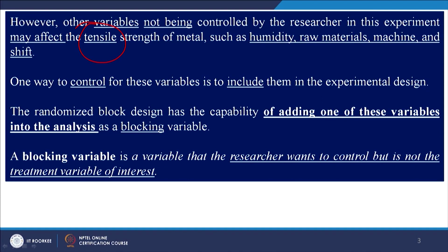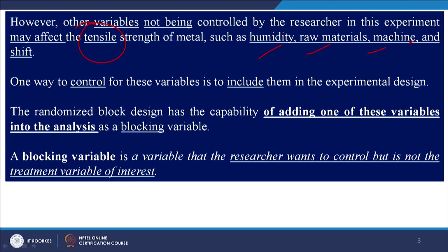This is what we have seen in one way ANOVA. Generally, in any experiment we do not control confounding variables, but actually they affect the dependent variable, in this example tensile strength, and these are some of the confounding variables, right.